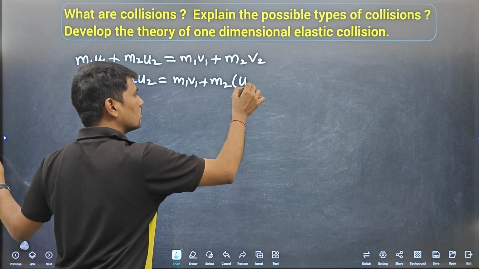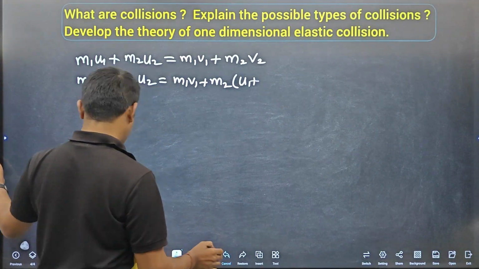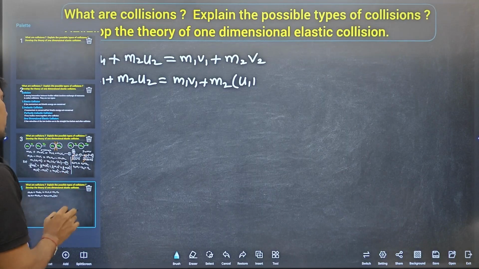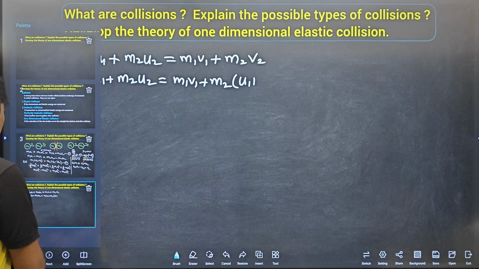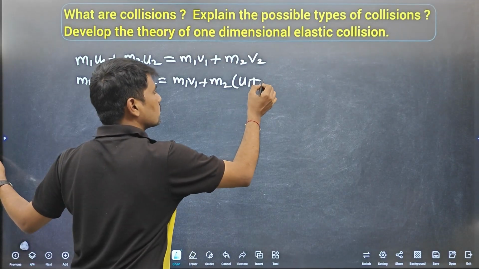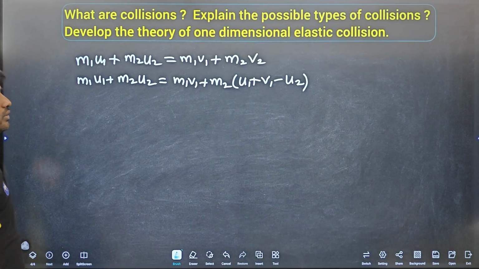What is that value? Let us check it. What is that formula? u1 plus v1 minus u2. This is the v2 value. We have to substitute.